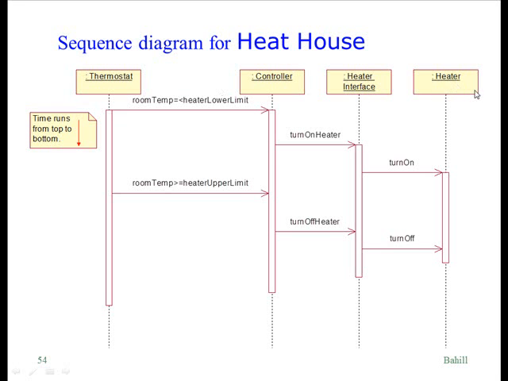Sequence diagrams capture certain scenarios, and therefore you may not have all the objects or entities in your system shown in a sequence diagram. It will depend on what scenario you choose or what you want to portray. In this particular case, they are trying to portray the interaction among the thermostat, the controller, the heater interface, and the heater itself.